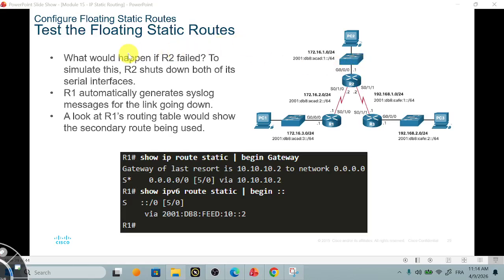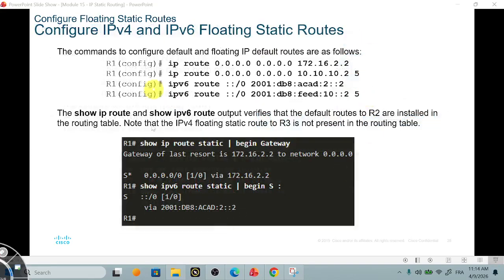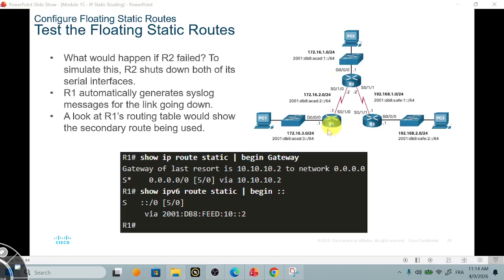Test the floating static route. What would happen if R2 fails? Now we have configured them as we have configured them. And remember, we are configuring floating static routes. What happens if R2 fails?